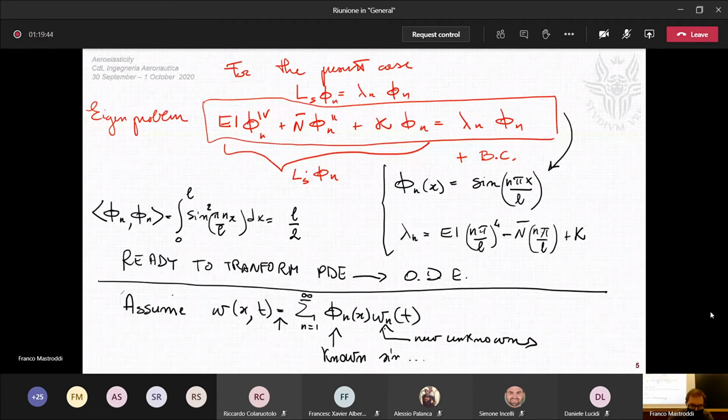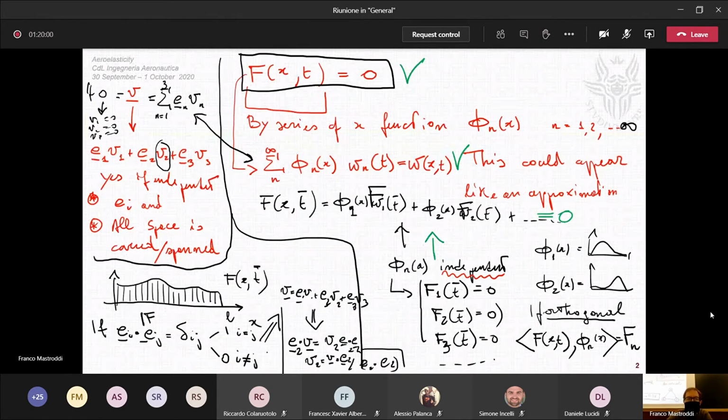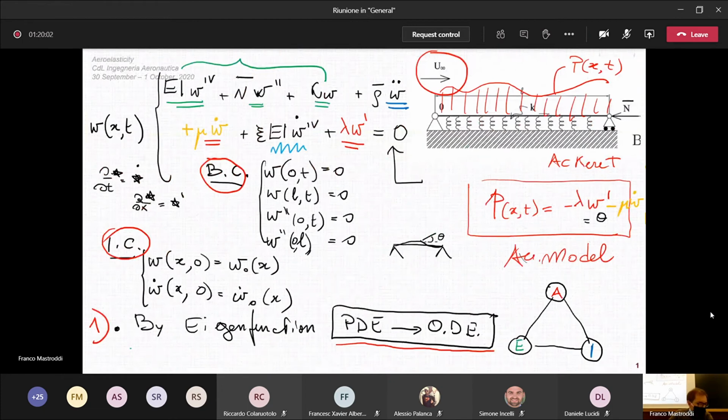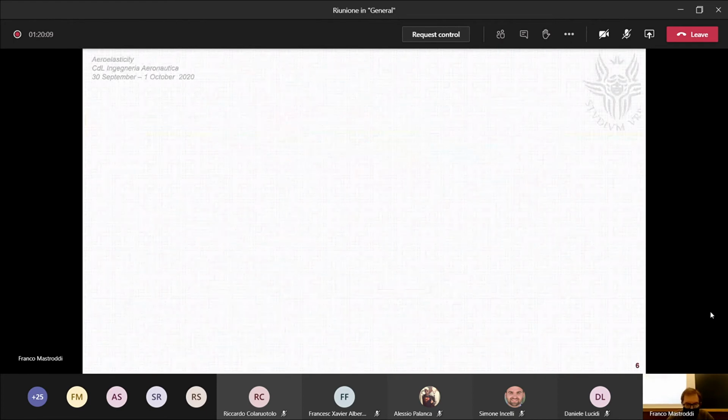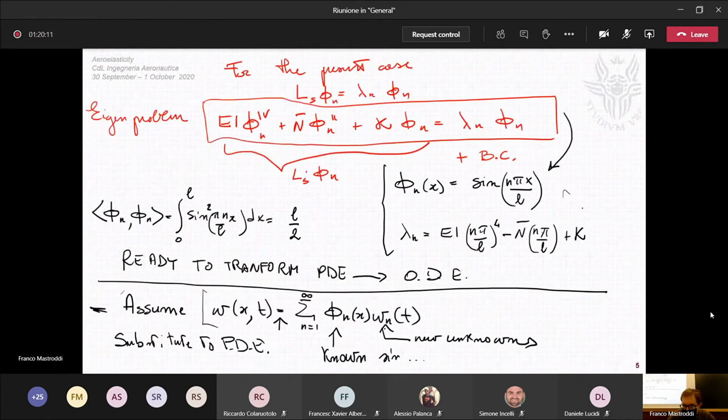This is the first point, and then substitute into the PDE equation. The PDE equation is this equation here, remember. So now we have to substitute, and we can do this in the other whiteboard.